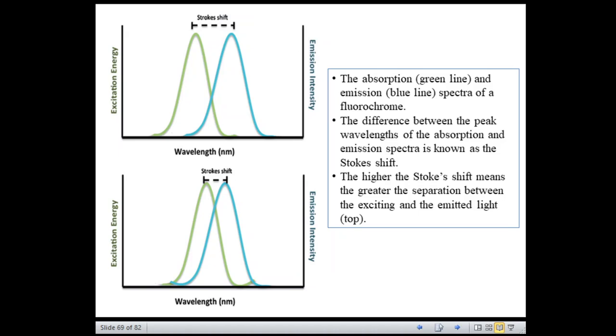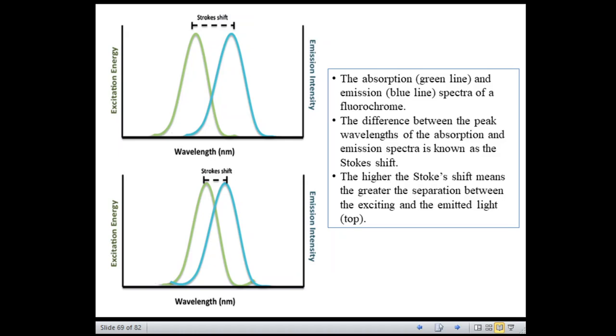What is the important feature of a fluorochrome? It includes an absorption spectrum and an emission spectrum. In the absorption spectrum, a fluorescent compound is excited, and in the emission spectrum a range of emitted wavelengths is observed.